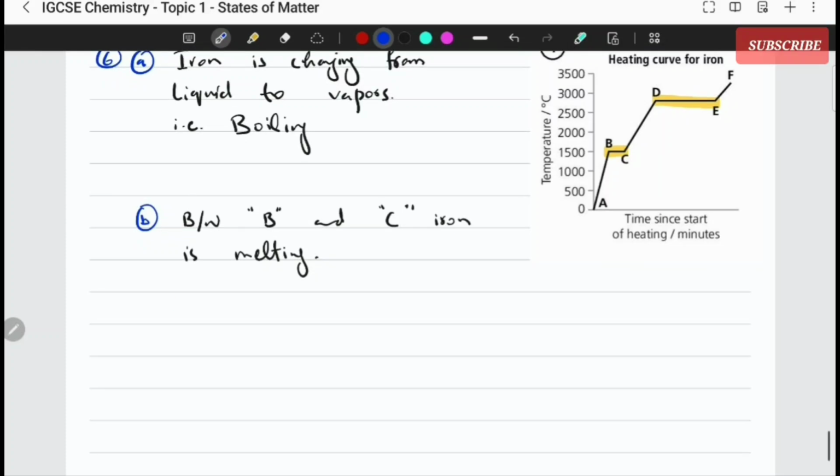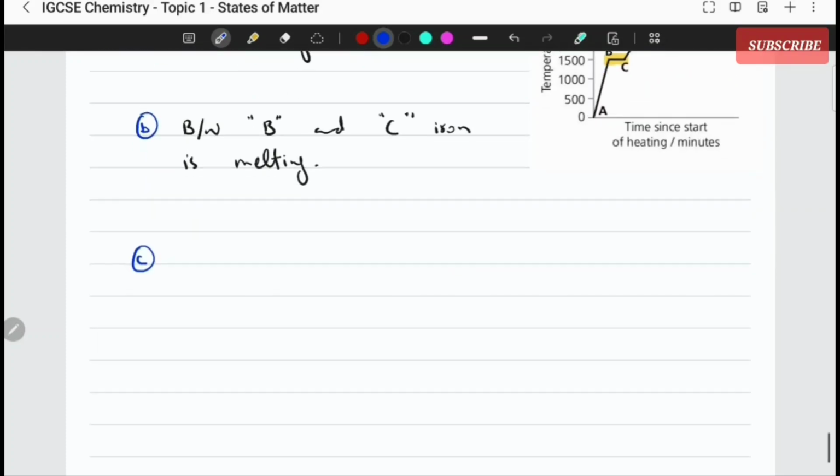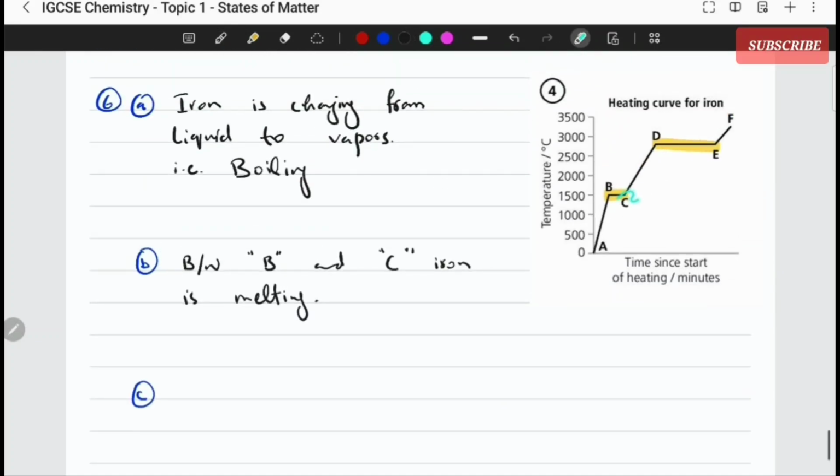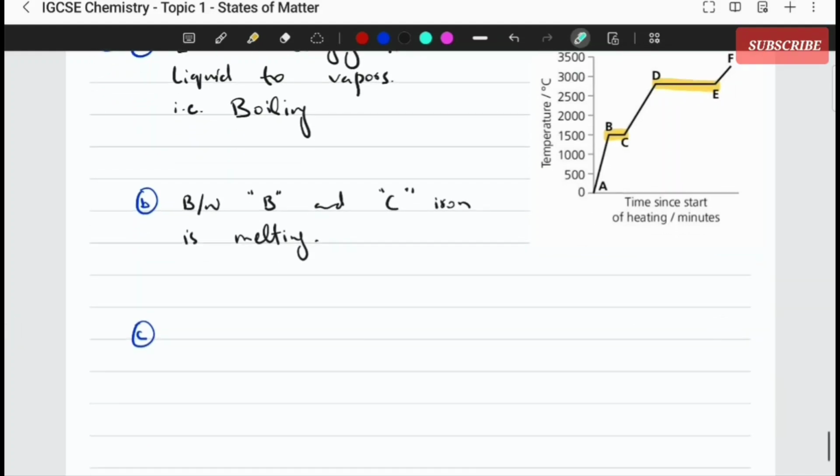The last question, 6C, would be: give approximate melting and boiling points for the iron. If you look at this, this is approximately 1500. That's the melting point. It might be slightly above 1500, but according to this graph it would be almost 1500.